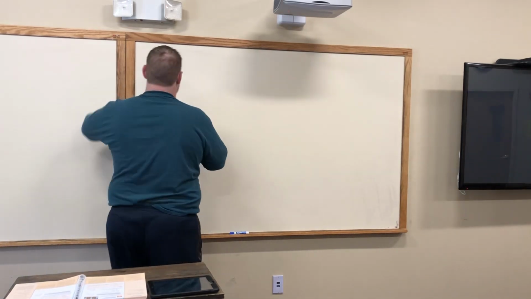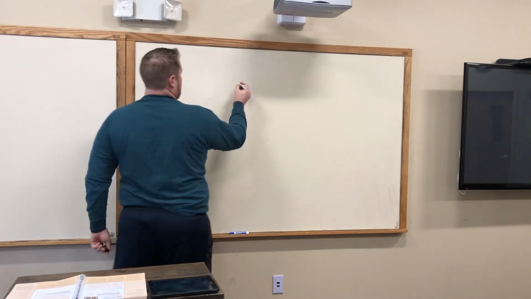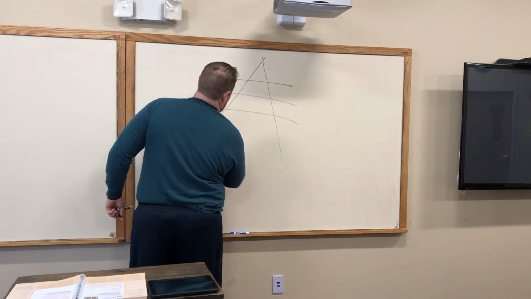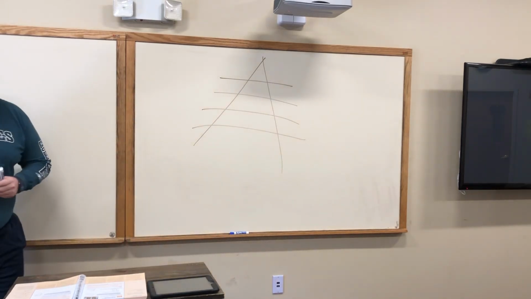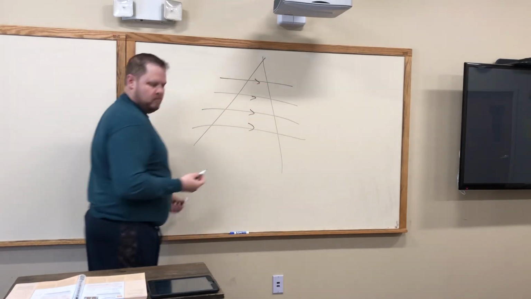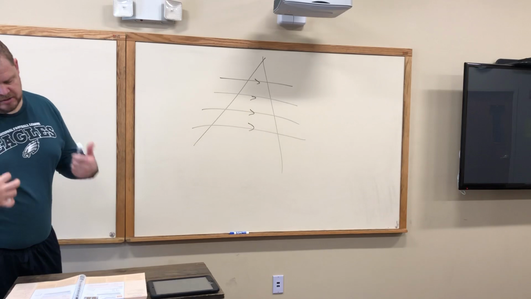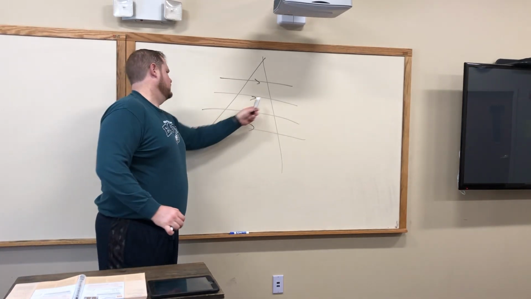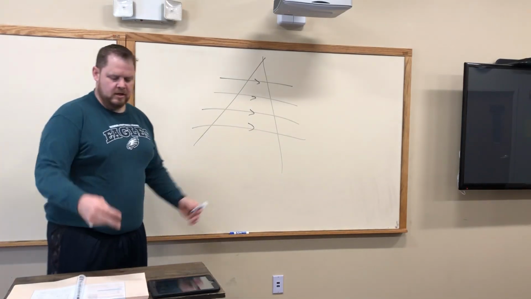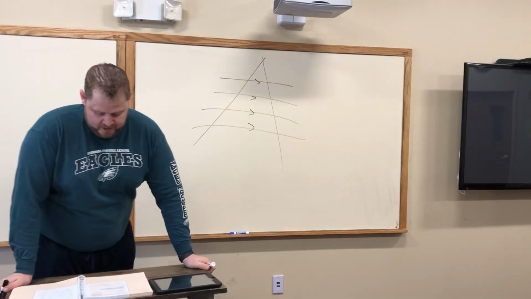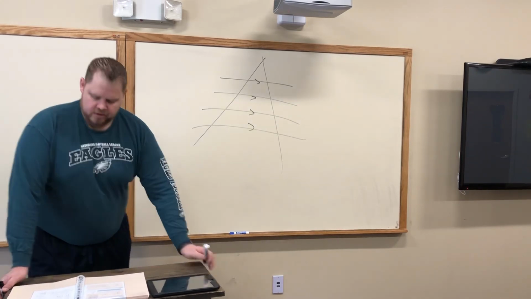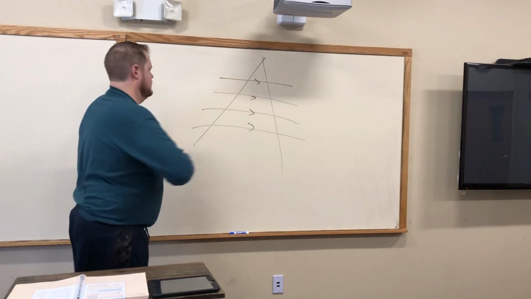In other words, let's say I have all those and they are parallel to each other, then all of those sections are going to be proportional. That's all it's saying. It's just saying that you can go further than one set of parallel lines. It can be multiple sets of parallel lines. Just keep that in mind as you do your homework.